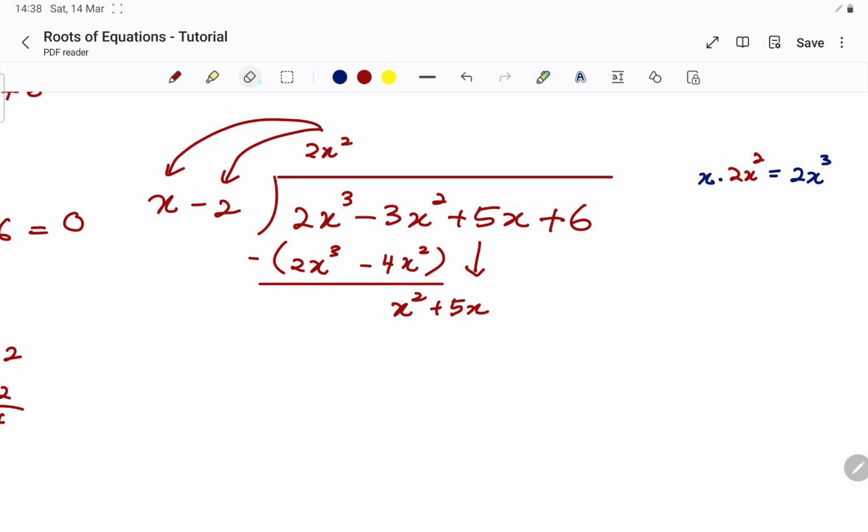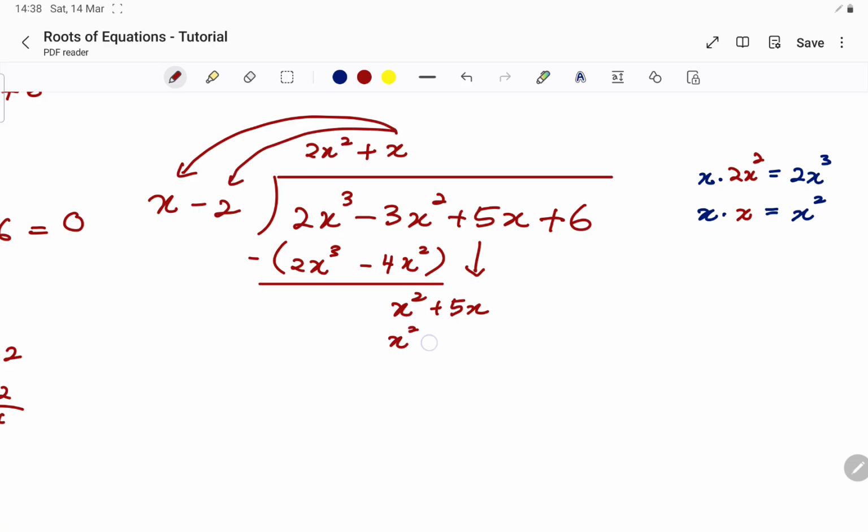After you bring down 5x, we do another one. We check the first term, x. What do we multiply with x to get x squared? You get x, so you put x on top. We proceed with the division again. x multiplied by x gives x squared. x multiplied by negative 2 gives negative 2x.